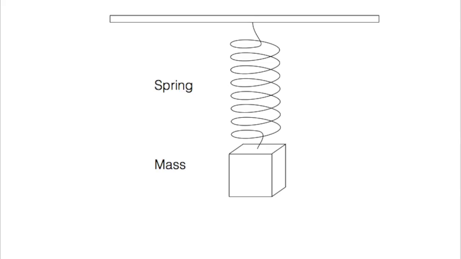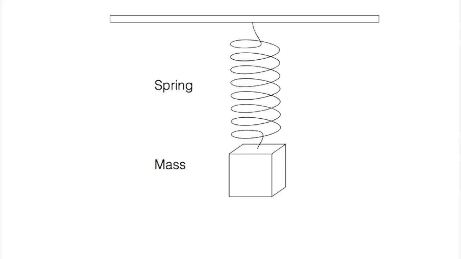The rate at which this thing bobs up and down is determined by the relationship between the spring's springiness, its compliance, and the mass, how heavy it is. If we make the mass bigger, if we make it heavier, then it's going to bounce up and down fewer times per second, fewer times per minute. So the frequency will be lower.